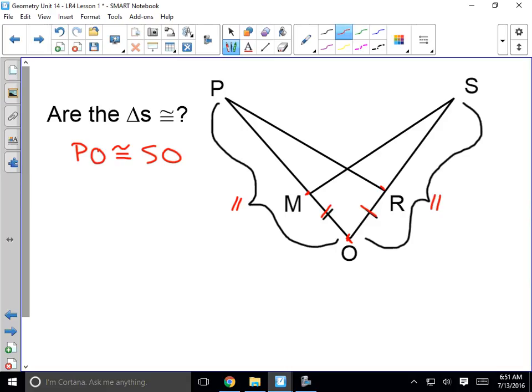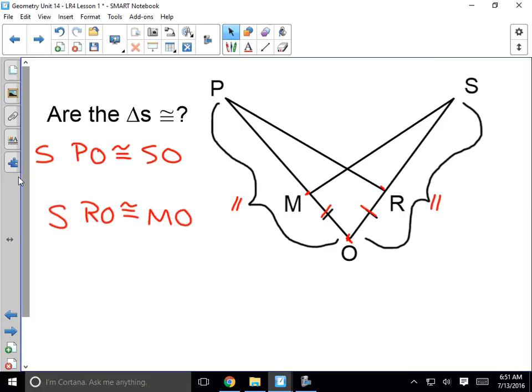Then as we work our way around each of these triangles, we get to the one tick mark pieces, where RO is congruent to MO. So we have the side and side. Now what we have to see is whether the angle in between those sides is included.